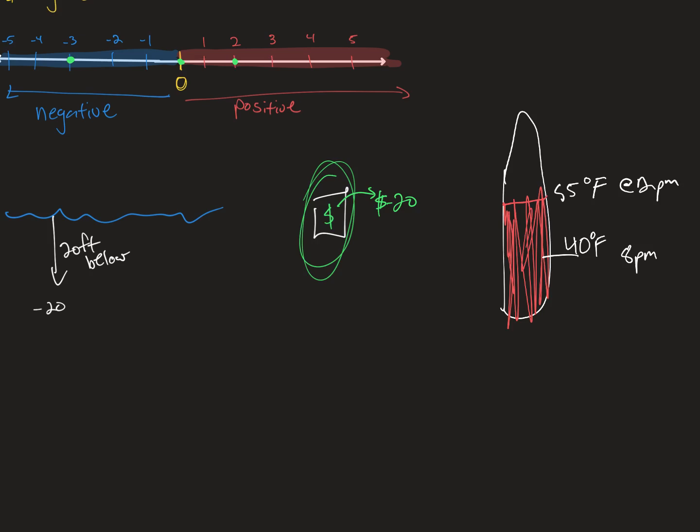So we would have a difference of -15 degrees. So 15 degrees difference, right? It dropped that much. How much would it be? That sort of stuff.